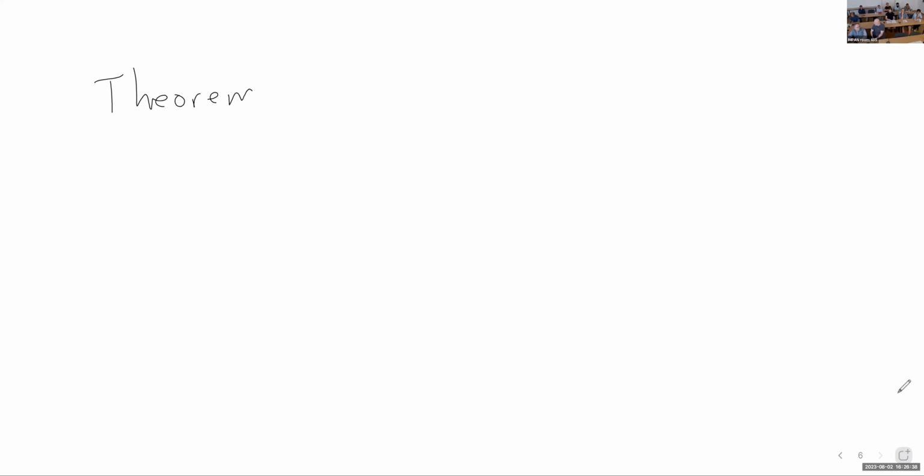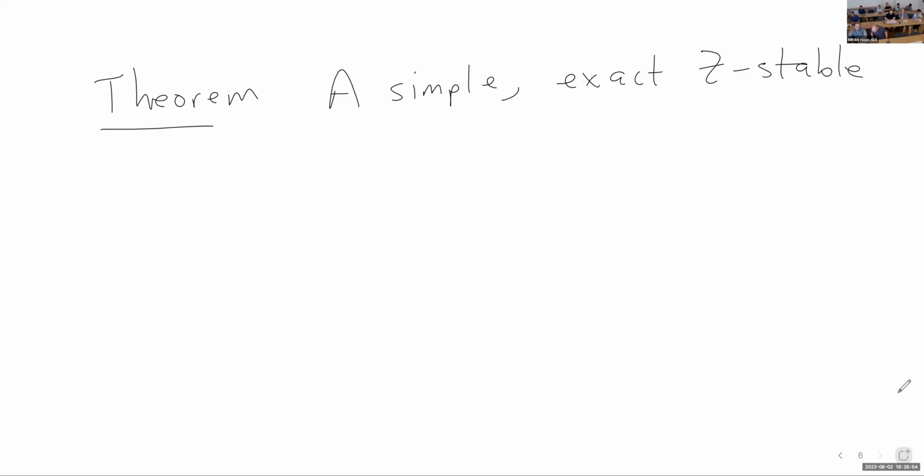A simple, separable, exact, Z-stable C-star algebra. Let me just remind you that Z was this Jiang-Su algebra that I mentioned last time. It's the unique classifiable C-star algebra with the same Elliott invariant as the complex numbers.